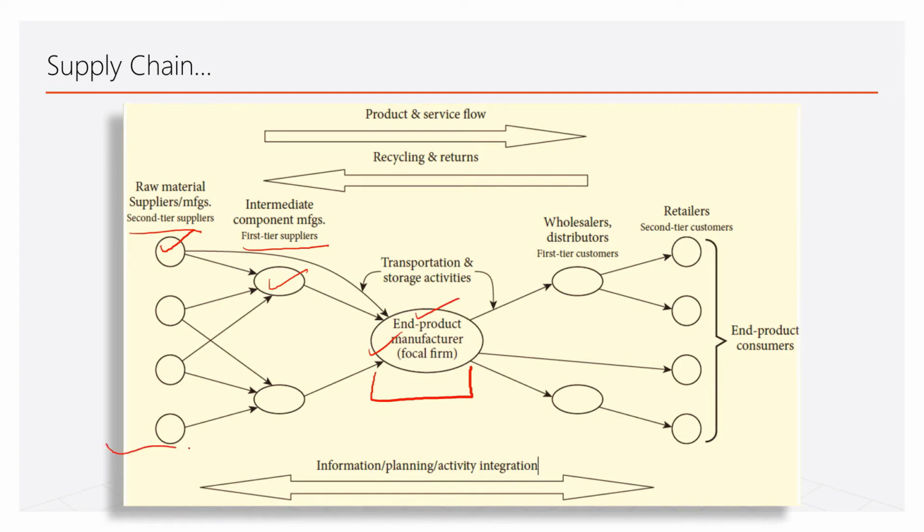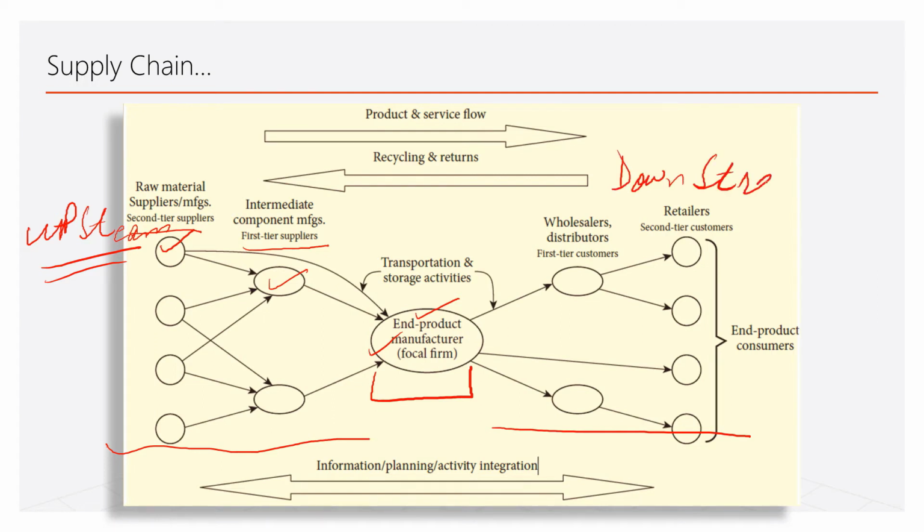These activities, or you can say these streams, are called upstream supply chain processes, or you can say the upstream supply chain perspective. Whereas this one is called the downstream supply chain, where we have the wholesalers, the distributors, and then the retailers and the final customers.